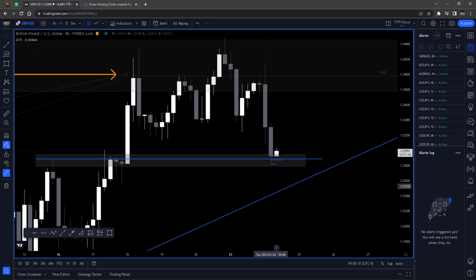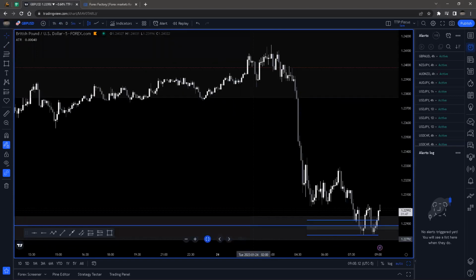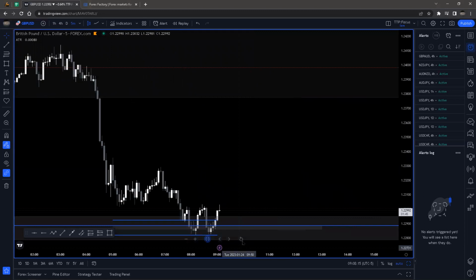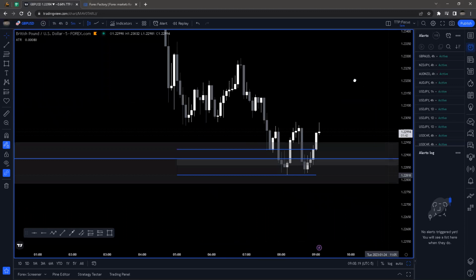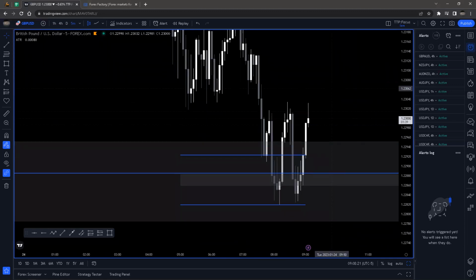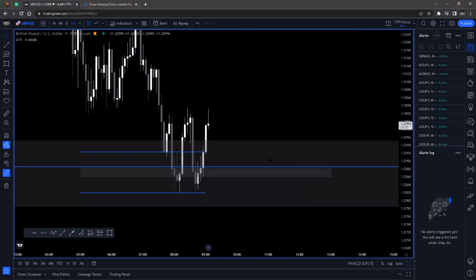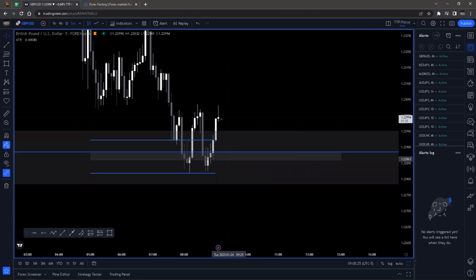Drop down to the 5. Nice thing about GBP USD is the spreads are smaller. So yeah, we got a nice double bottom. So what I'd like is a pullback, a lower high creation, or a higher low creation, and then a continuation. So yeah, this is looking pretty solid.